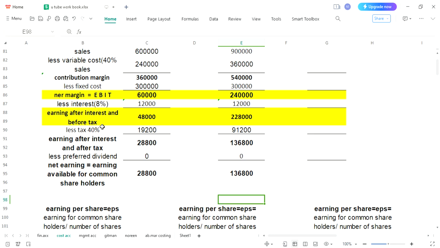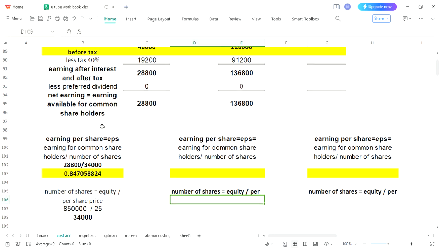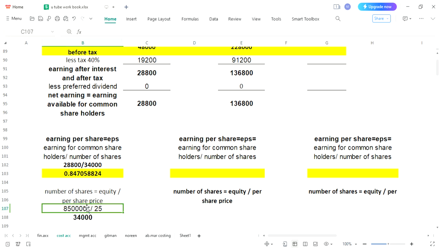This is also called earning available for common shareholders. Number of shares would be calculated over here, and for that you need to have amount of equity, which is 850,000. We have already mentioned. This would remain same, 850,000, and instead of calculation we are taking it.